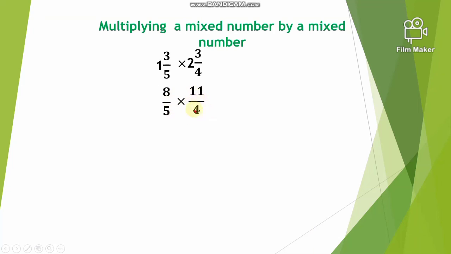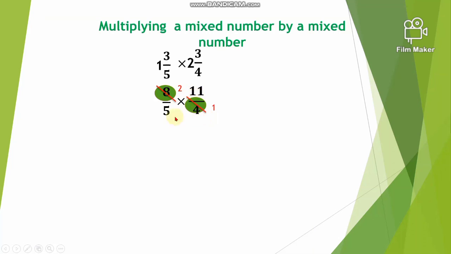Now again we have ended up with two fractions. Now you can multiply by any method you like. If you simplify across the numerator and denominator, you can see again that 8 and 4 are there. Both 8 and 4 you can divide by 4, isn't it? Yes. If you divide 8 and 4 by 4, you will get 2 and 1.